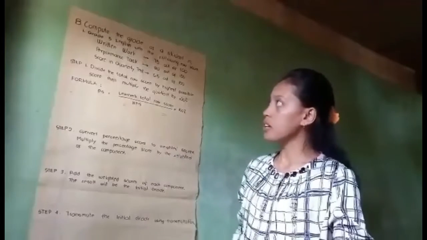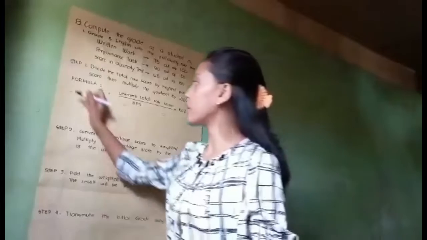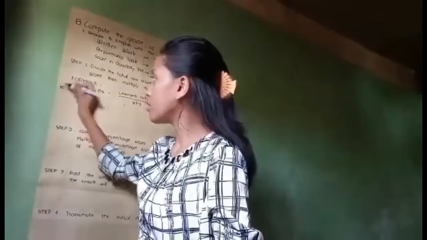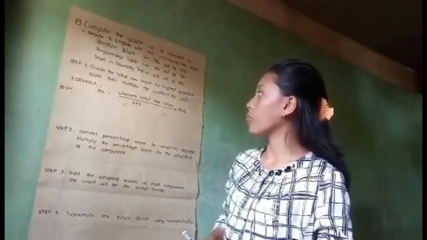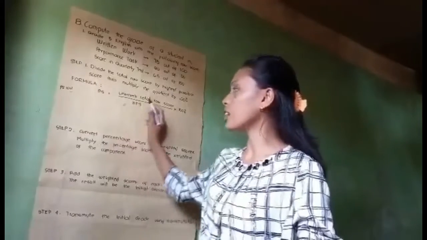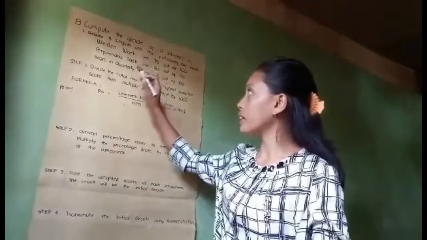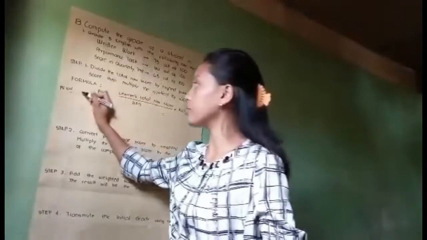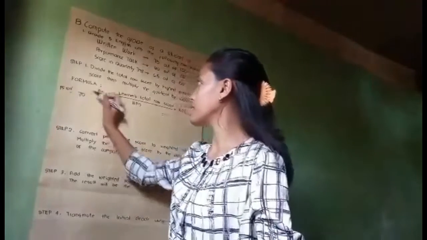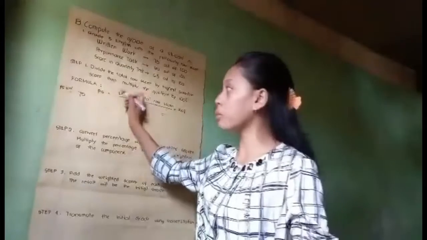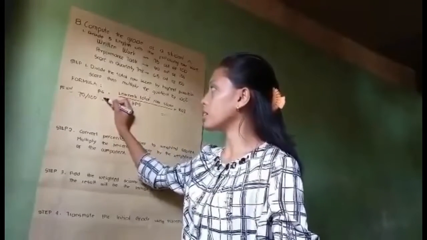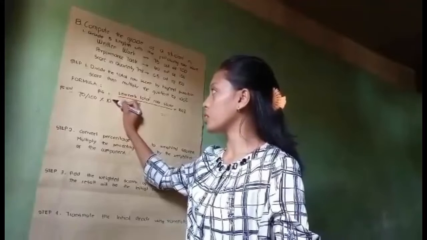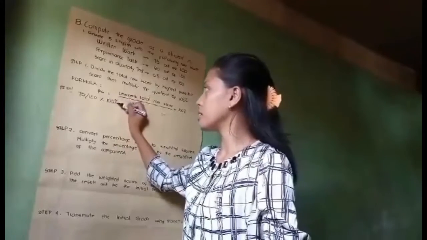So let's proceed first to the written work. Our total raw score in the written work is 75, and the highest possible score is 100. Then multiply the quotient by 100%.